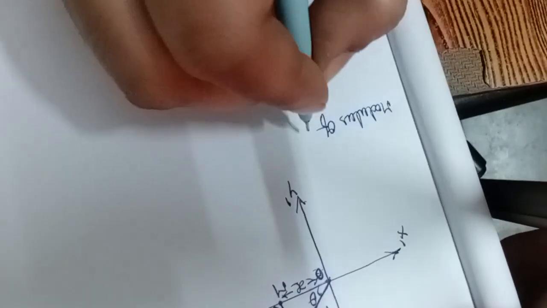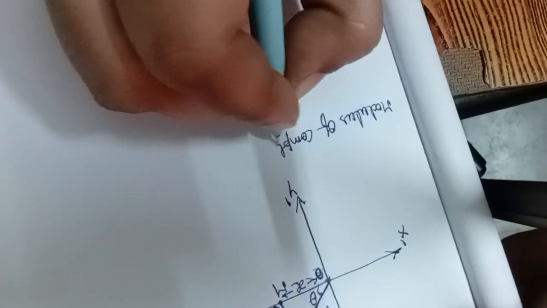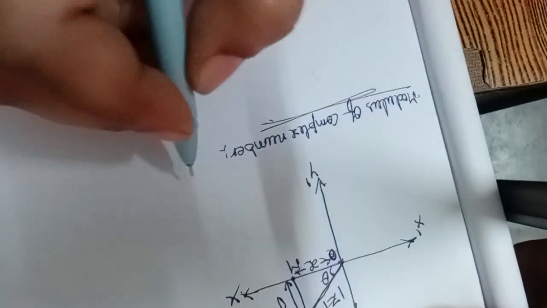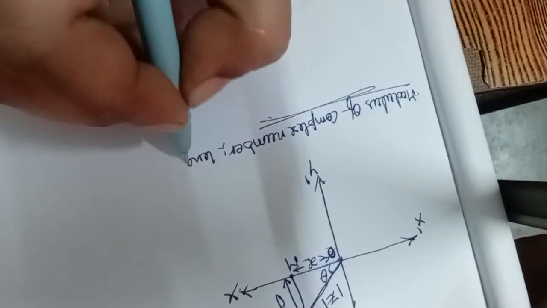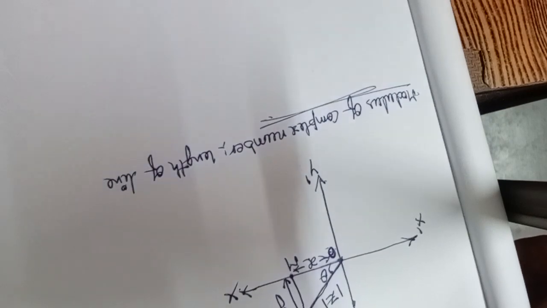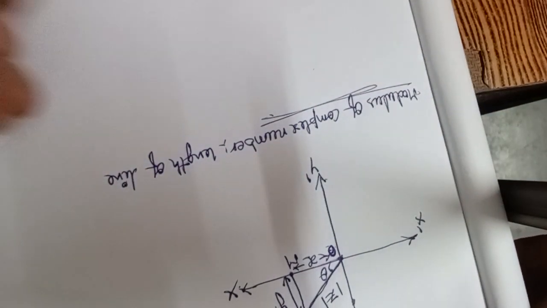Next, coming to the modulus of a complex number. The modulus of a complex number is nothing but the length of the line segment OP.